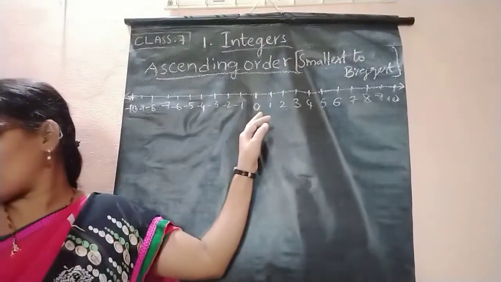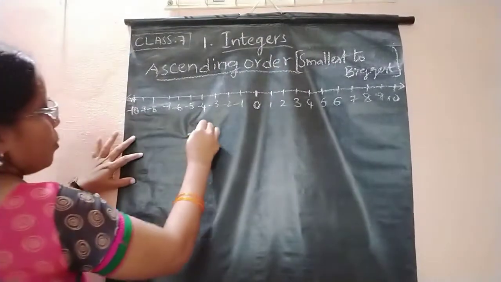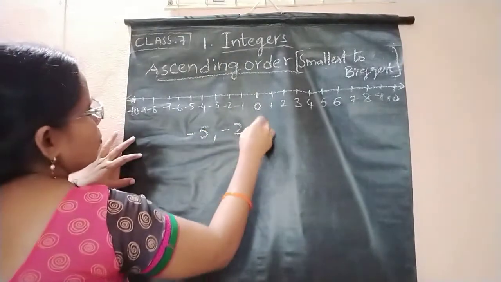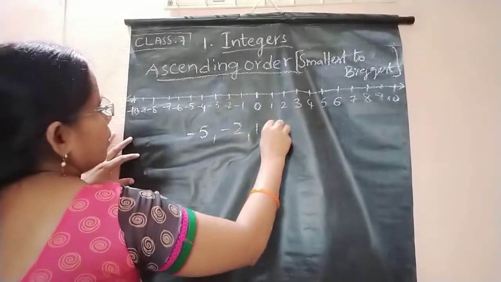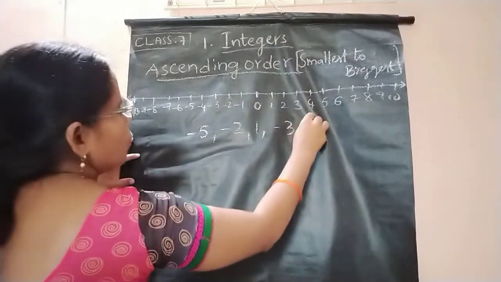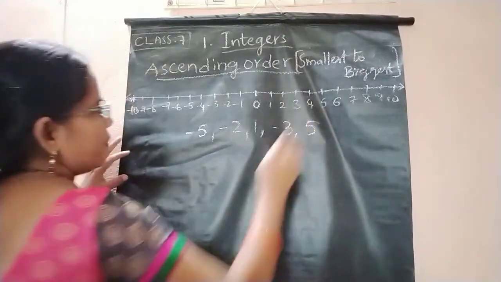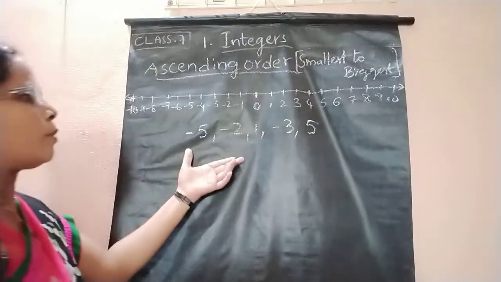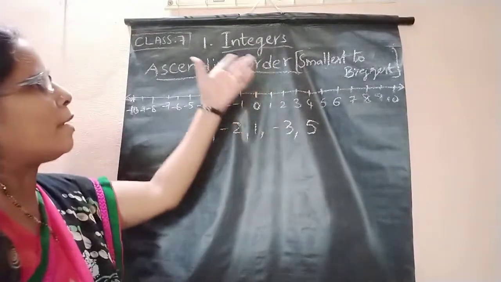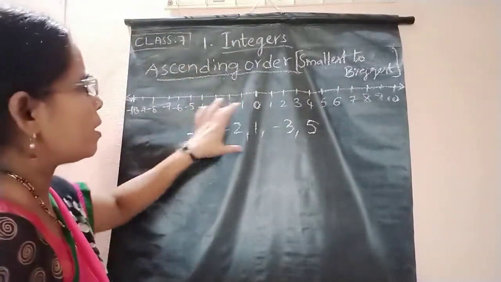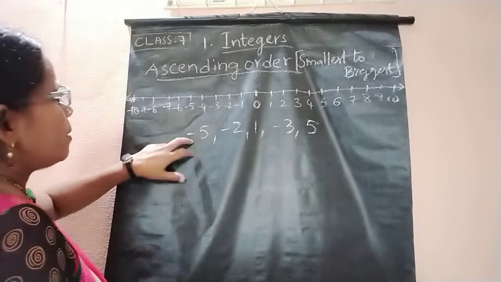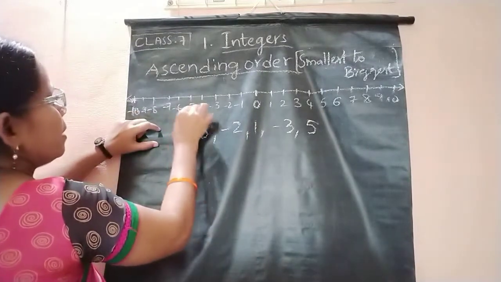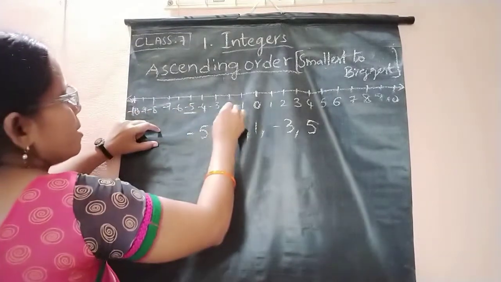As an example, minus 5, minus 2, 1, minus 3, 5 are given to you. How can you write these numbers in ascending order? In this, which comes first? Minus 5. Where is minus 2 here?